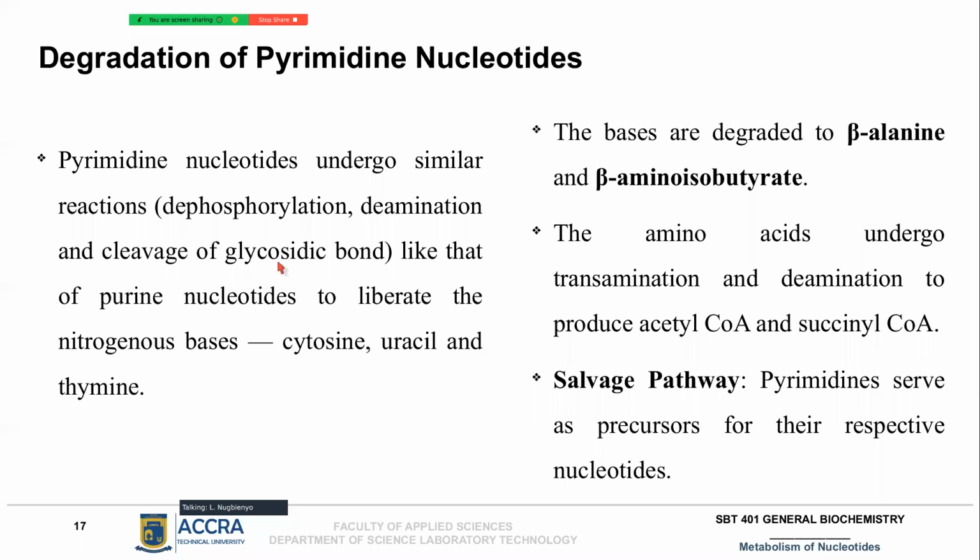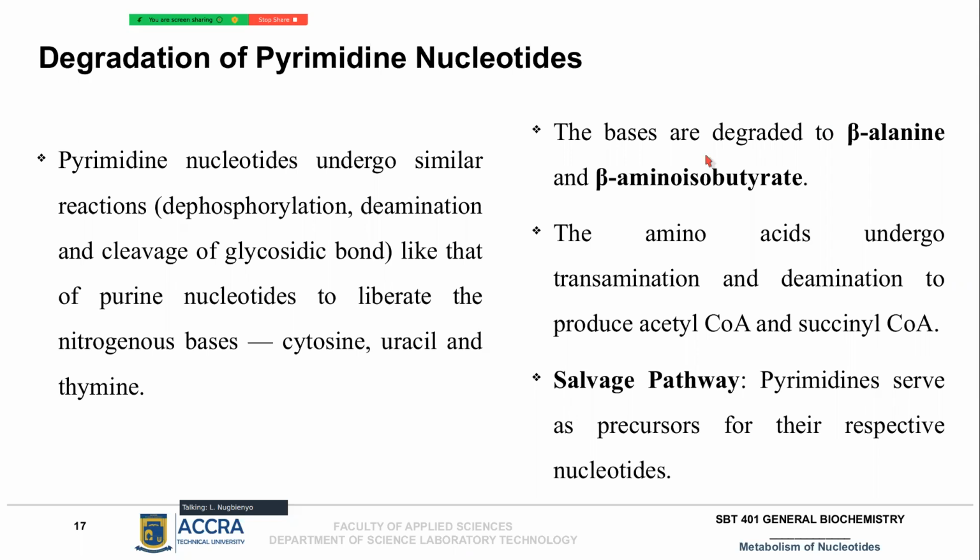Then the bases will be degraded further. So you see those bases have some amine groups on them, and you also appreciate the fact that you have amino acids coming together to form this ring.